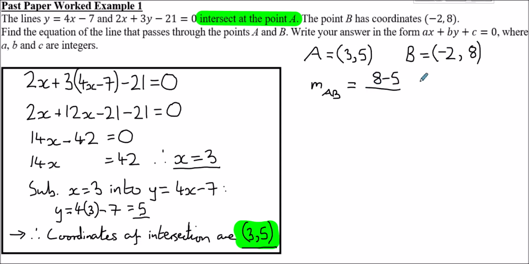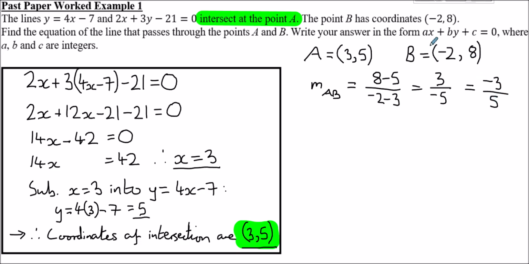The change in x is minus 2 minus 3. So 8 minus 5 on top gives us 3. Minus 2 minus 3 on the bottom gives us minus 5. 3 divided by minus 5 is minus 3 fifths. So that's the gradient.